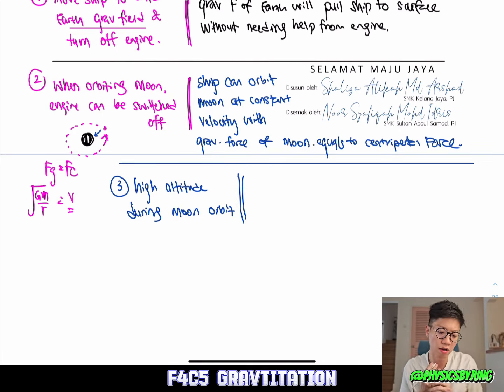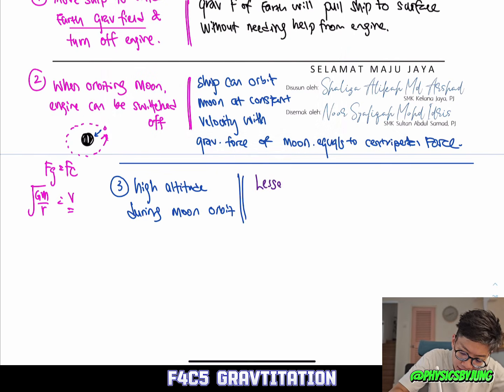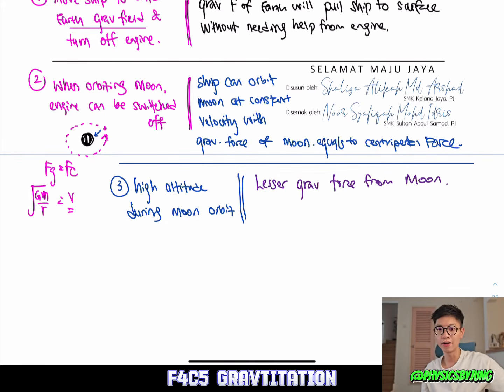Why must you orbit at a high altitude? So that you have lesser gravitational force from the moon. What's the advantage?